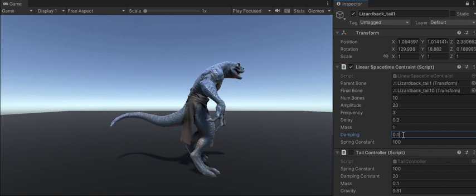Now beyond that, there is still stuff for the damping, spring constant, and mass. This is because we want the animation to interact with the player.